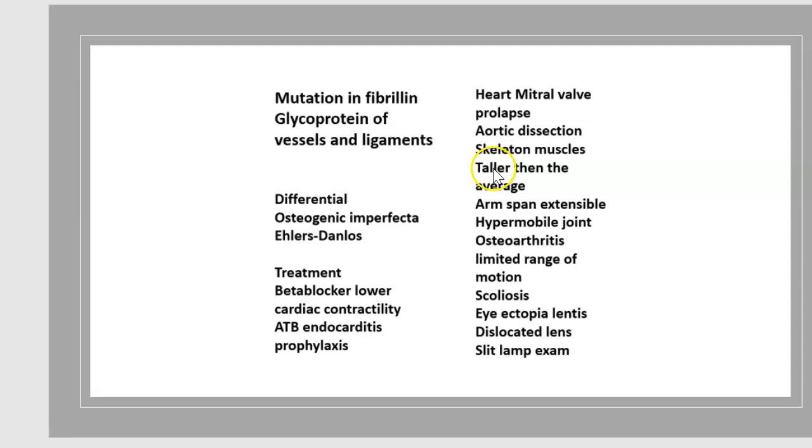The individual is taller than the average. There is extensible arm span, hypermobile joint, osteoarthritis, limited range of motion, scoliosis, ectopia lentis, dislocated lens, and slit lamp exam.